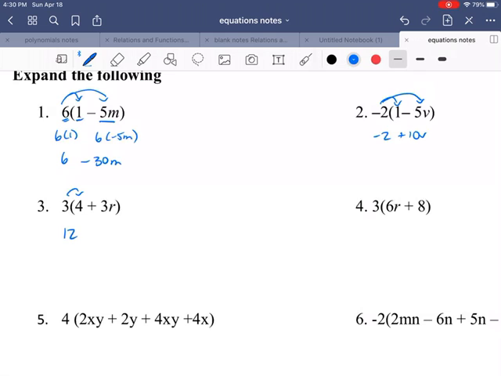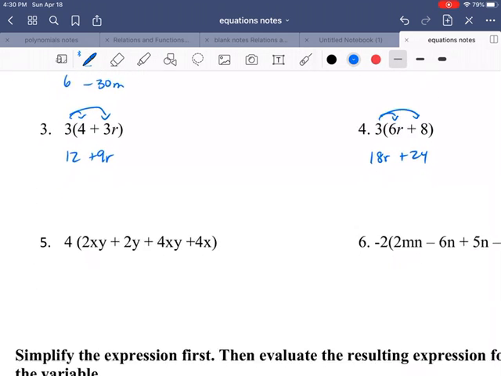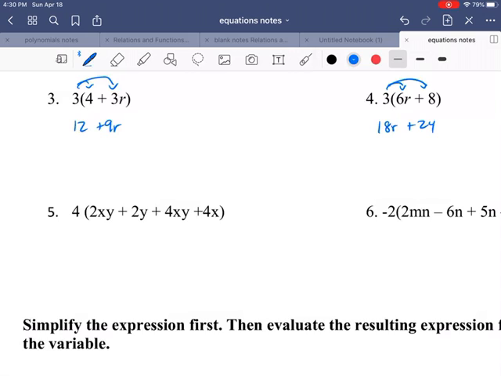3 times 4 is 12, and 3 times 3r is positive 9r. 3 times 6r is 18r, and 3 times 8 is 24. This one we can also collect like terms first.